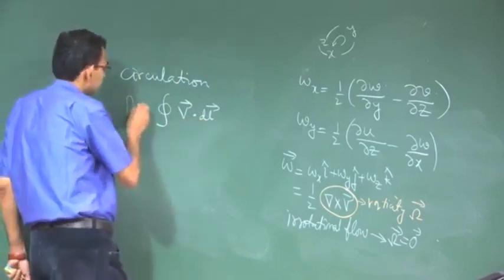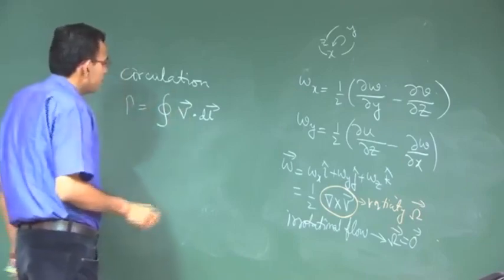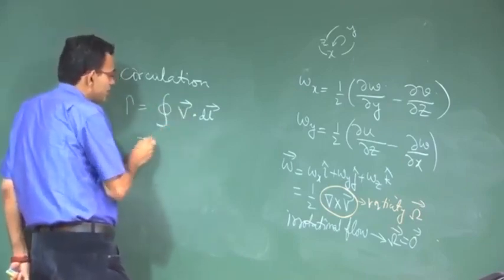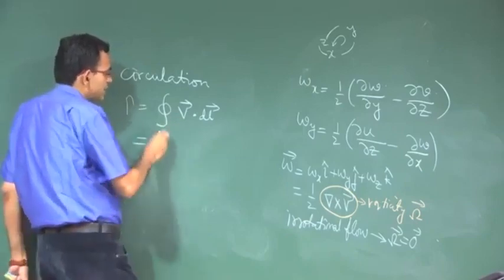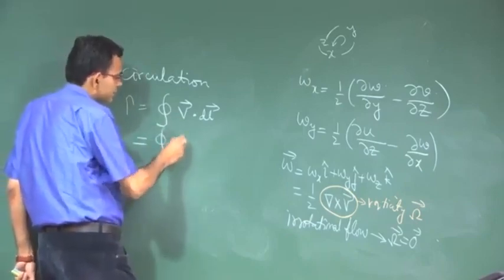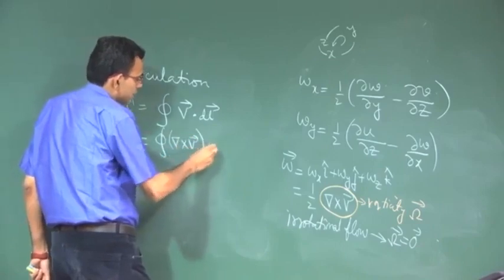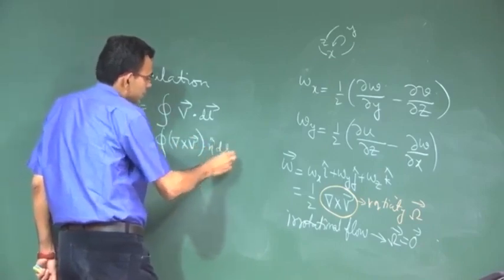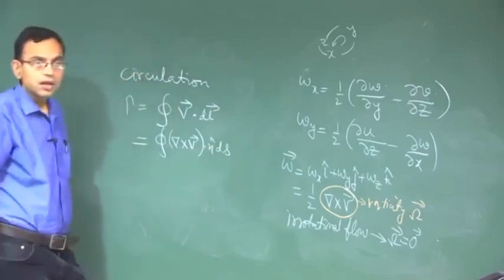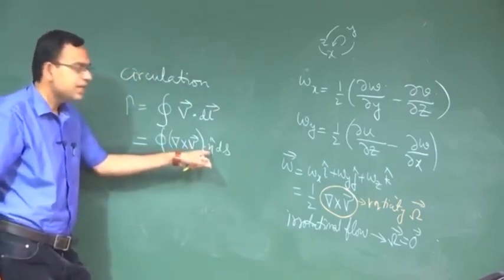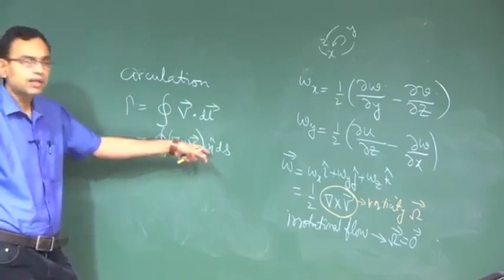Then by using the Stokes theorem in vector calculus, you can write this as curl V dot eta, where eta is a unit vector.